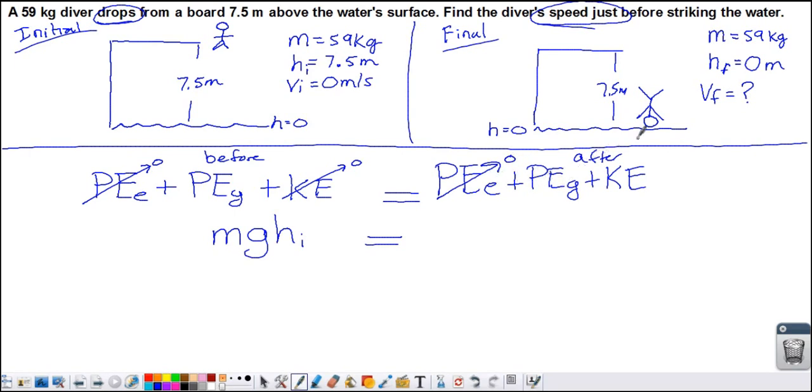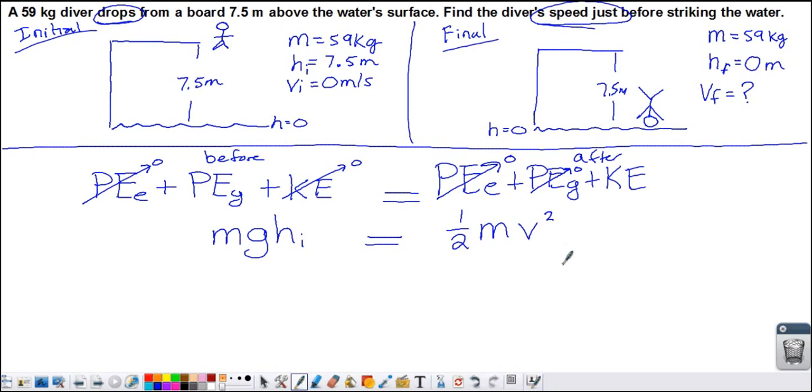Gravitational potential energy, that's when you are either above or below height 0. We are at height 0. So there's not going to be any gravitational potential energy. Kinetic energy, that's when the item is moving. They're going to be moving as they enter the water, so there will be kinetic energy. Kinetic energy has the equation one half the mass times the speed squared.